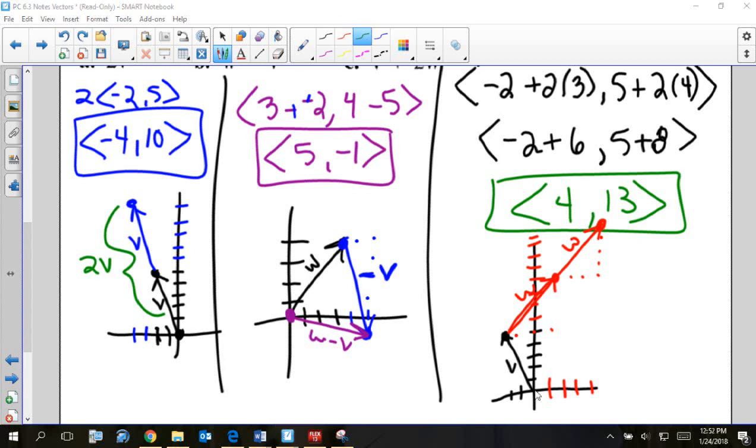And for my answer, if I start at 0, 0, where I had started the first one, and I go to the very end, that should be 4, 13 for the X and the Y. So you're finding it algebraically, mathematically, then you're also visualizing these vectors.